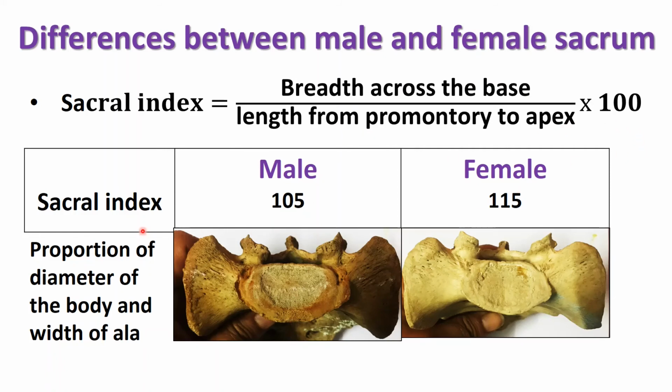This sacral index is 105 in male and 115 in female. That means the male sacrum is elongated and narrower than the female sacrum.